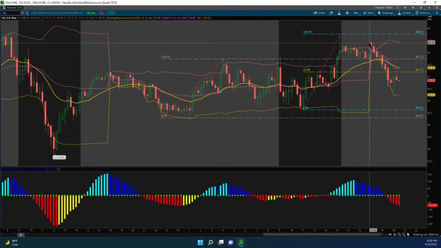So it's in the range. It opened a little bit higher than the overnight session on Friday, or the aftermarket session, I would say, then made this move, and is now coming back down below the VWAP, and right at the 50%, a little bit below the 50% of Friday's price action.